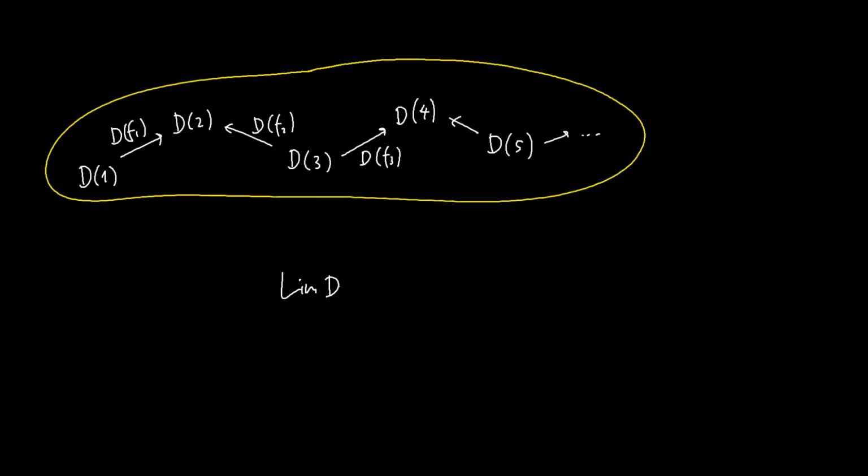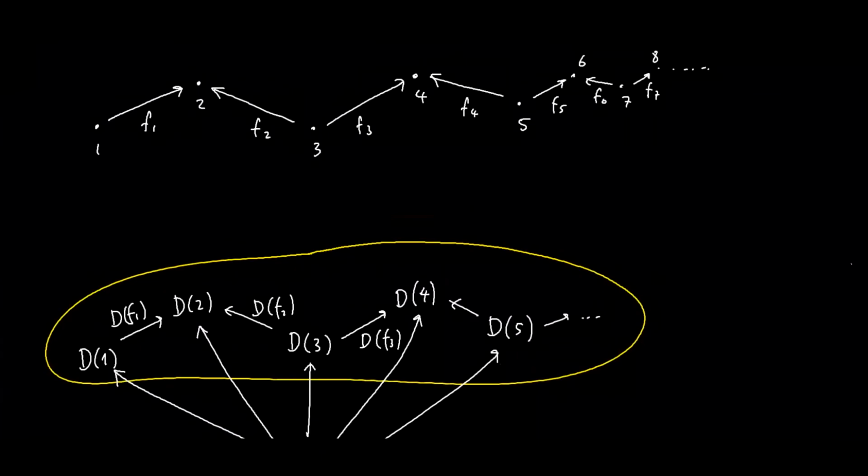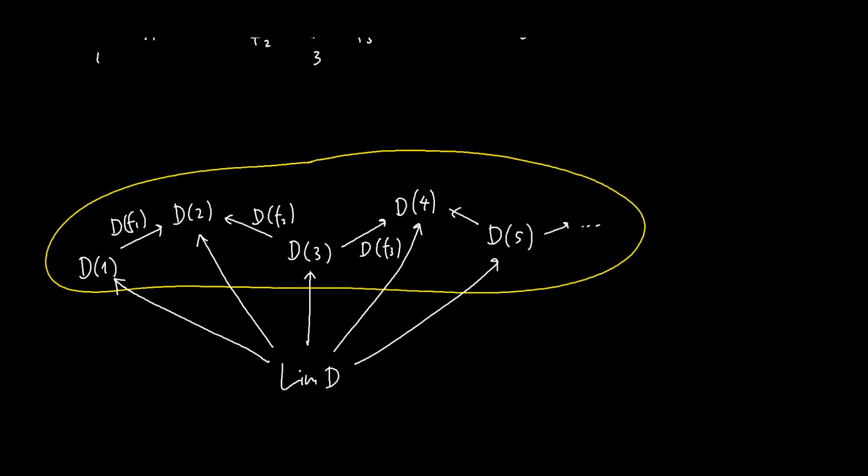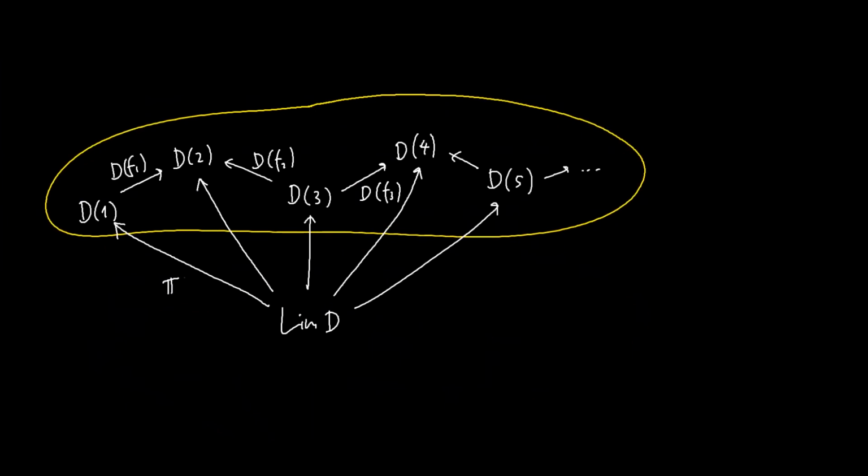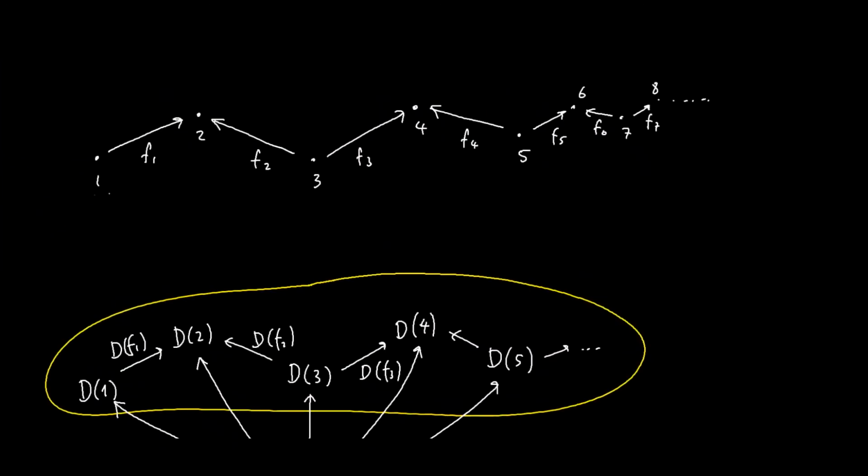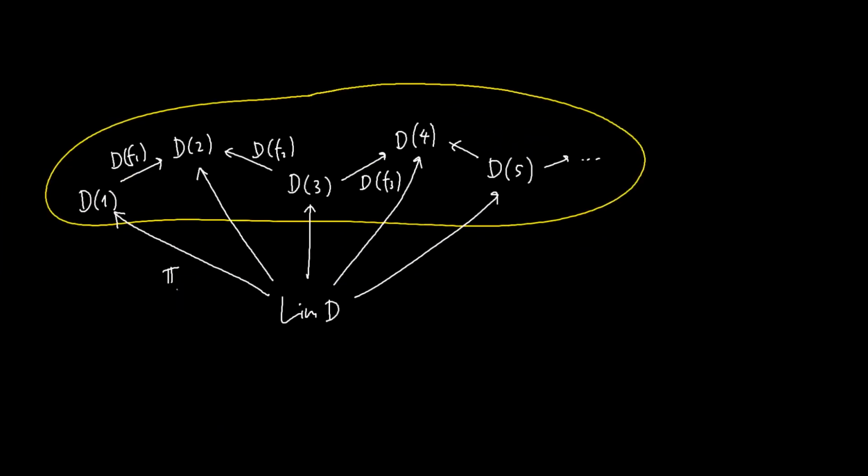So the limit of the diagram D will be an object with specified arrows, one for each vertex of my directed graph. So these arrows will be indexed by the objects of the directed graph, just like in a natural transformation. Pi1, Pi2, Pi3, Pi4, Pi5.